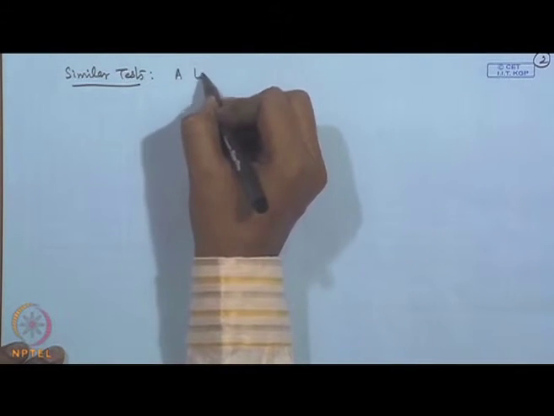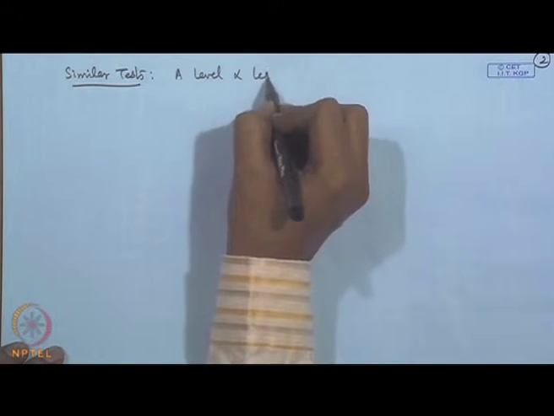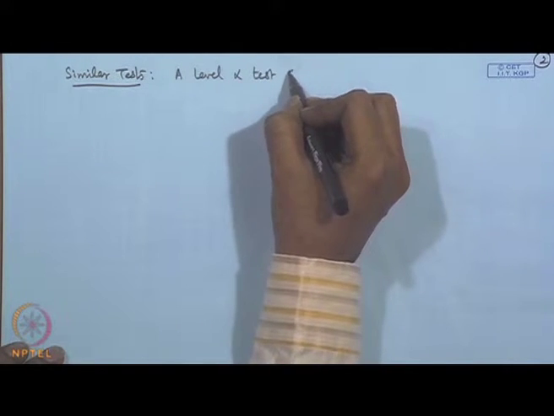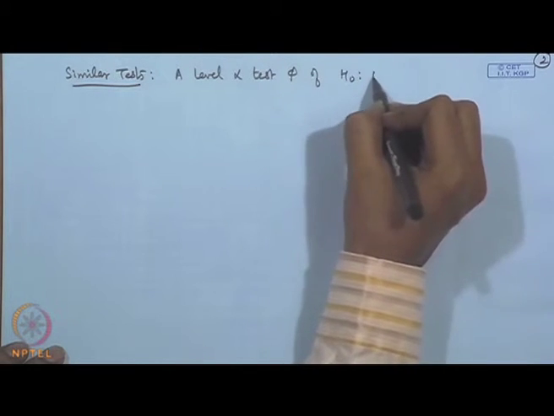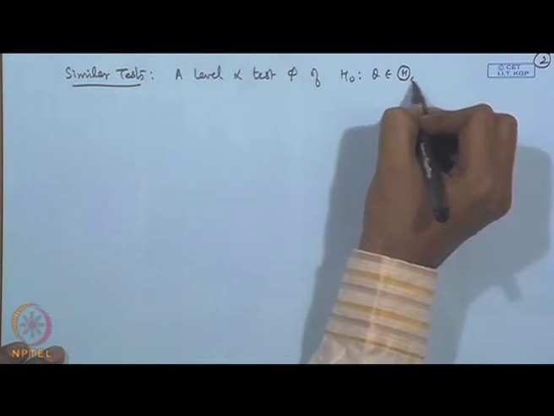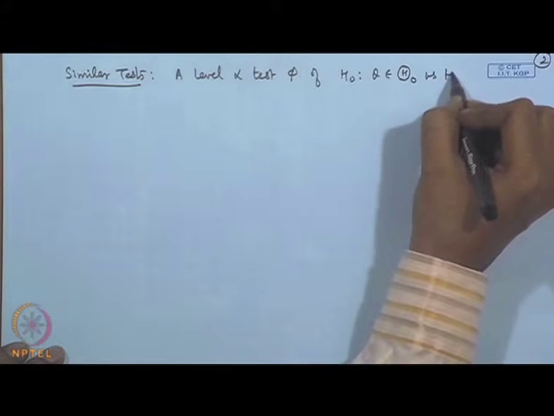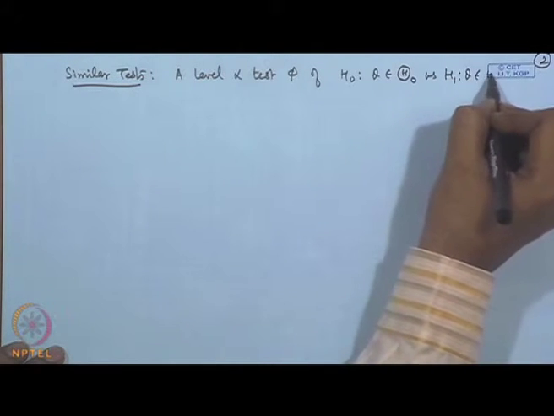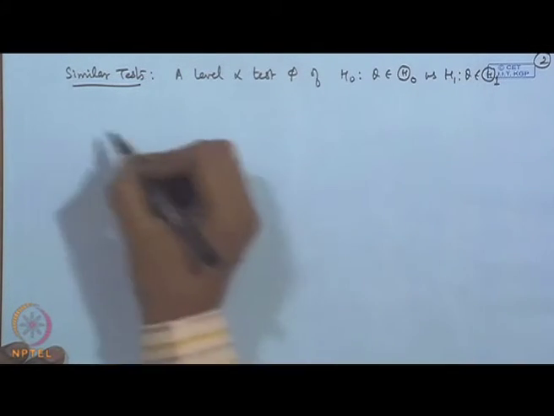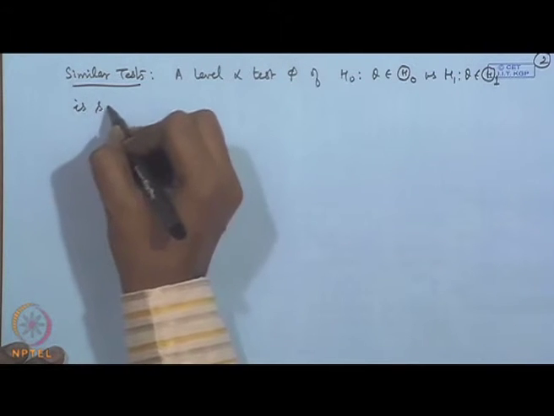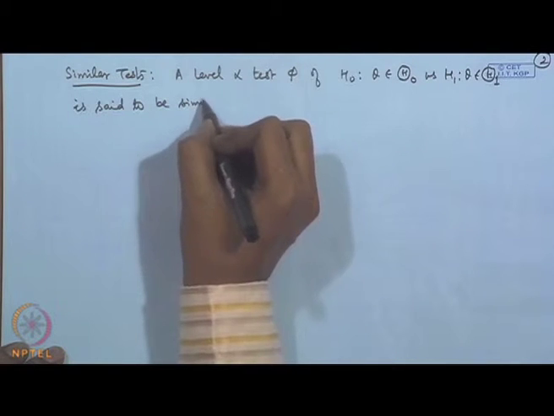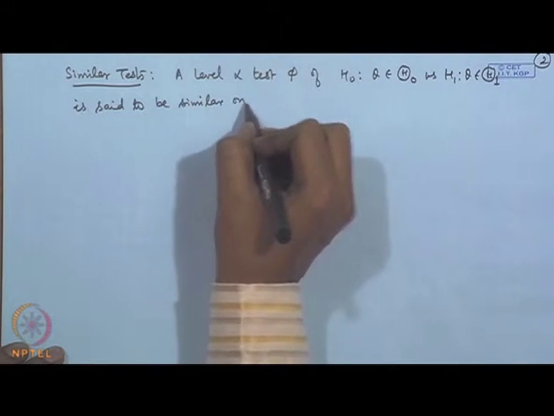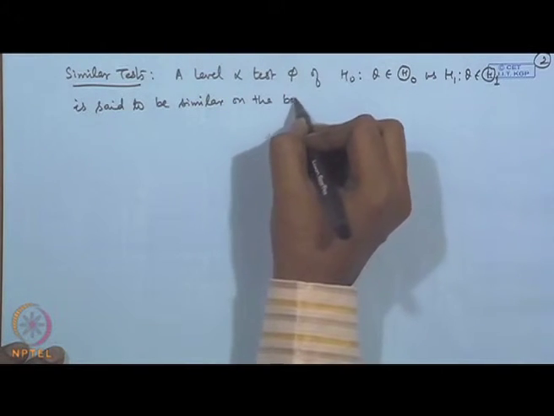A level alpha test phi of the hypothesis testing problem H naught theta belonging to theta naught against H1 theta belonging to theta 1 is said to be similar on the boundary.